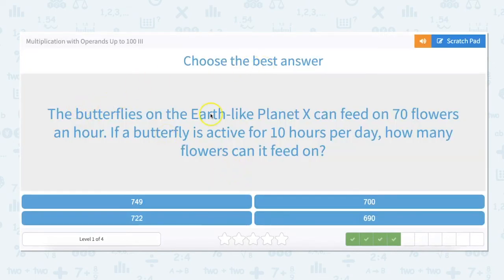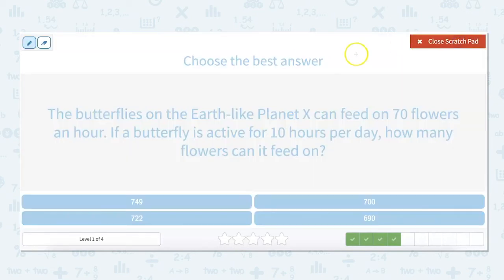Okay, now we have multiple choice. The butterfly on the Earth-like planet X can feed on 70 flowers an hour. If a butterfly is active for 10 hours per day, how many flowers can it feed on? So now I just want to do a trick and show you a quicker way to figure these out.